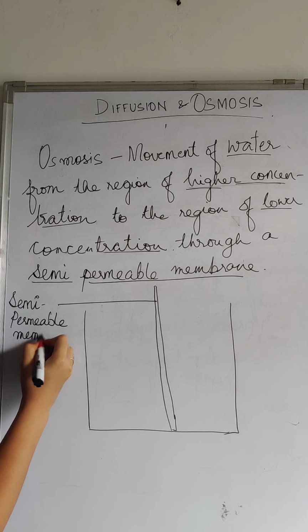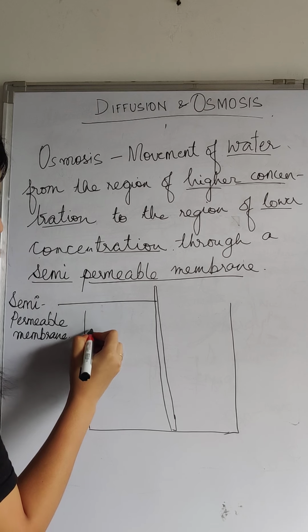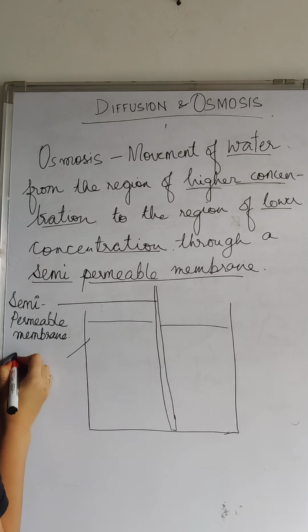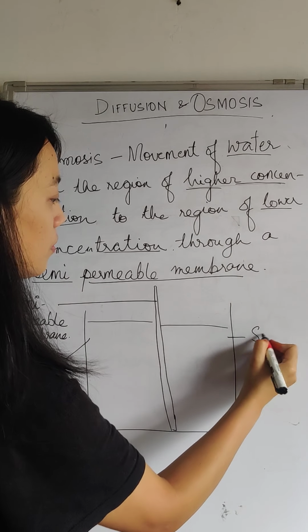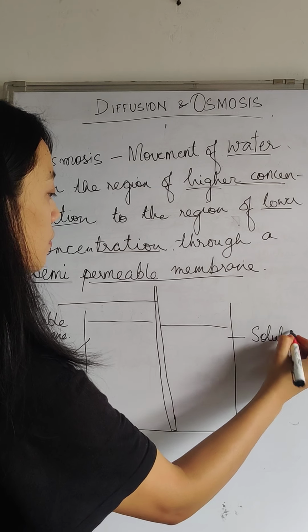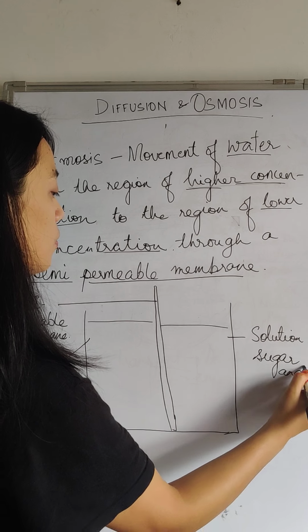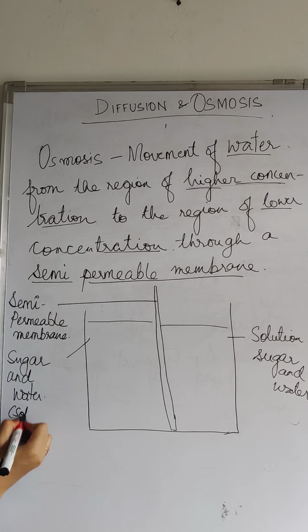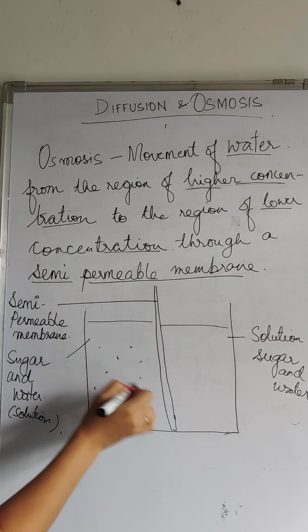Semi-permeable membrane here, and you have taken a solution of sugar and water. Here also a solution of sugar and water, right? So this is a solution of sugar and water.